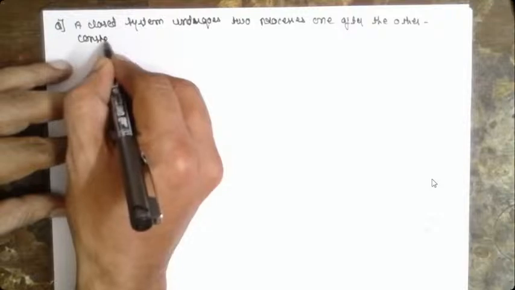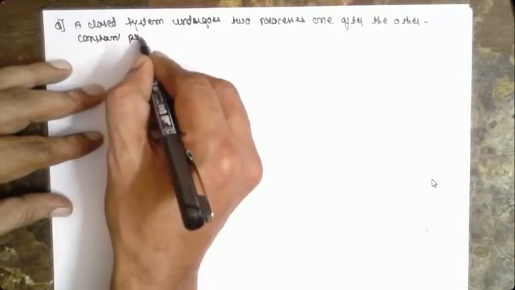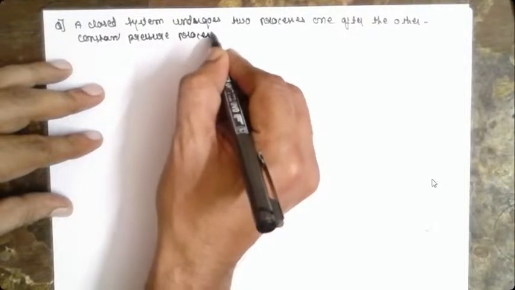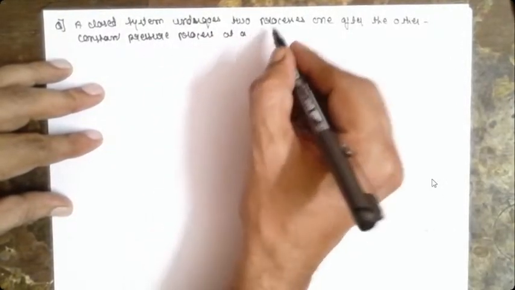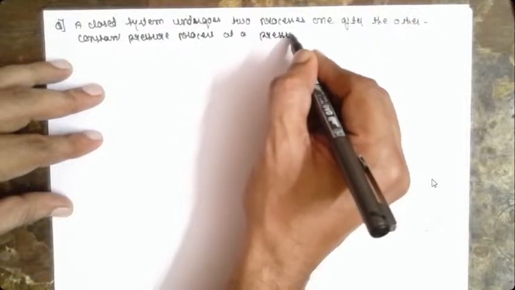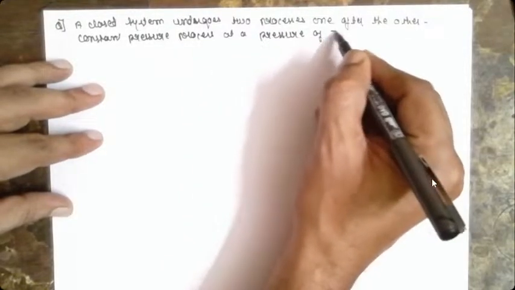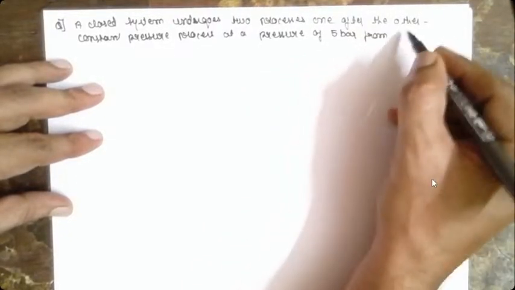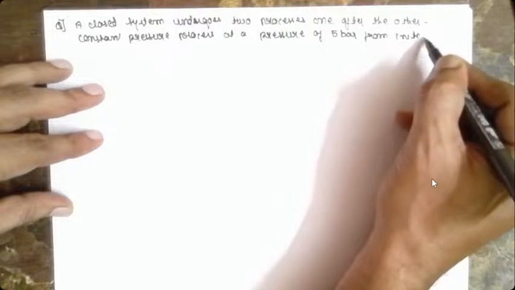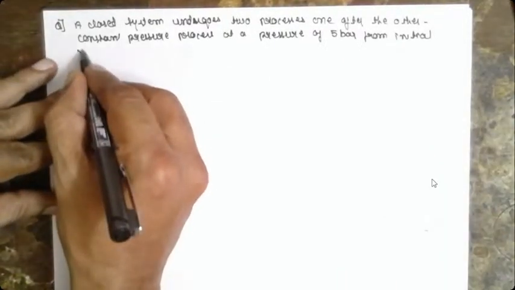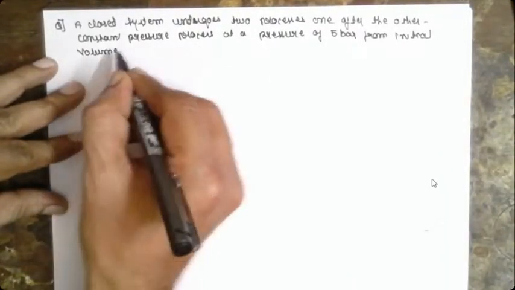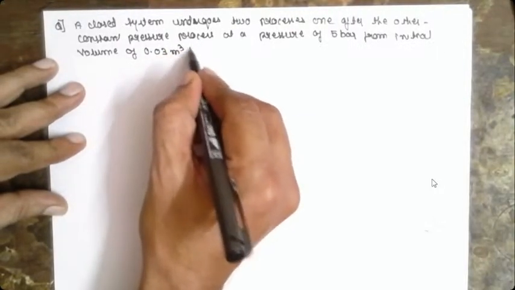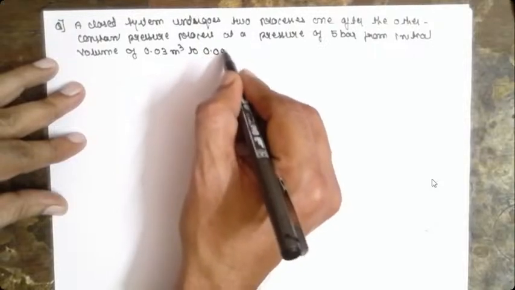First one is constant pressure process at a pressure of 5 bar from initial volume of 0.03 meter cube to 0.09 meter cube.